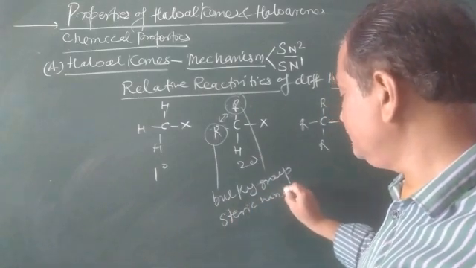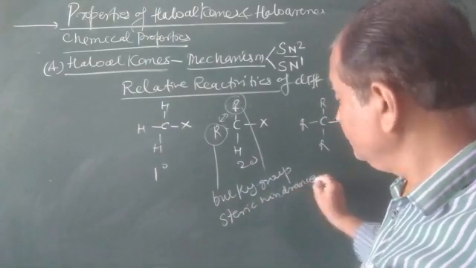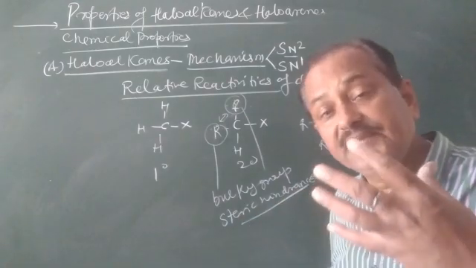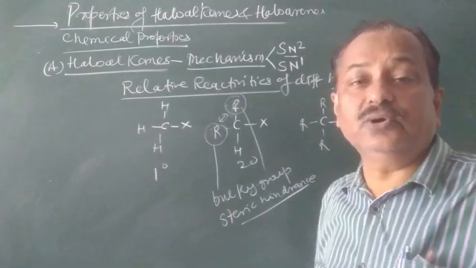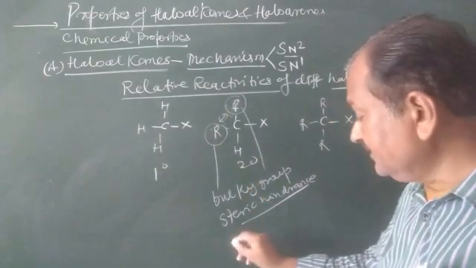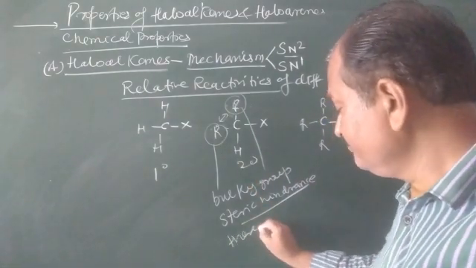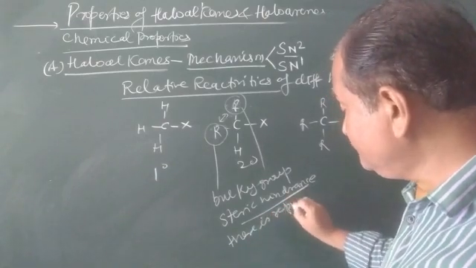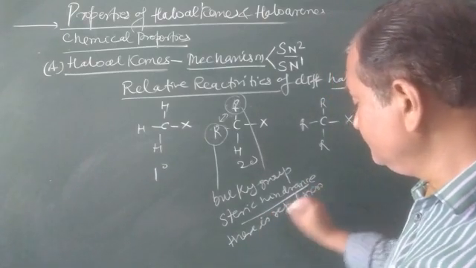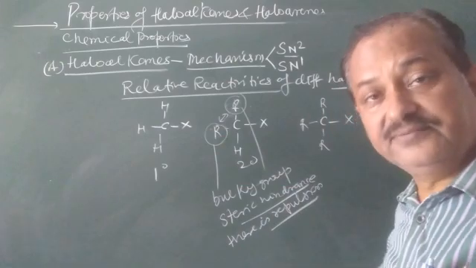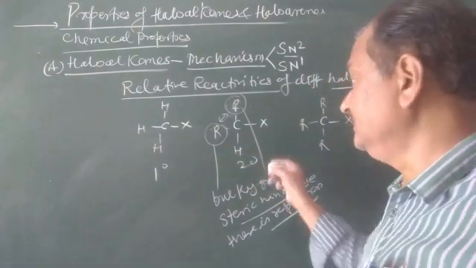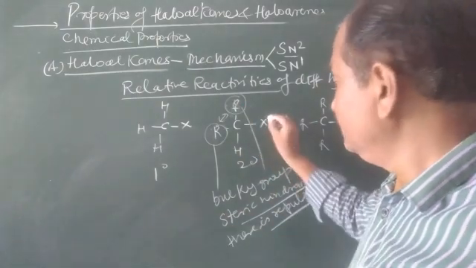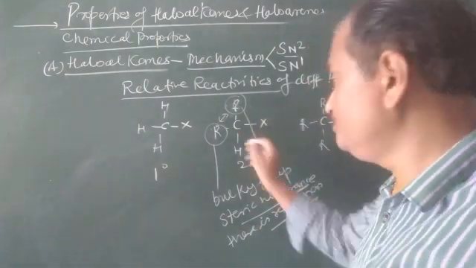The effect of steric hindrance means they create electron density, and so there is repulsion among themselves, and alkyl groups have the tendency, and as a result they are less polar.